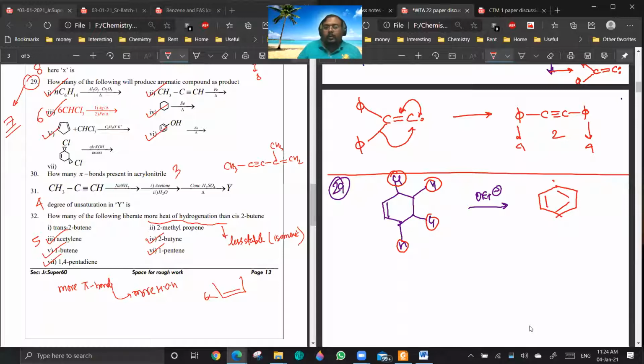In 32, heat of hydrogenation will first be directly proportional to the number of pi bonds. So all alkynes and dienes will have more heat of hydrogenation than alkenes. And then in isomeric alkenes, less stability means more heat of hydrogenation. I think I have given all the answers. Is it clear? 32?